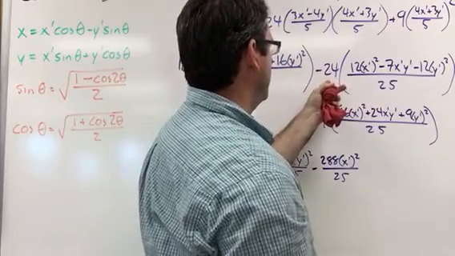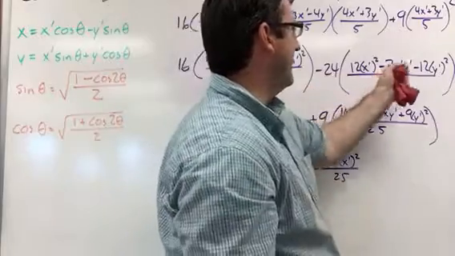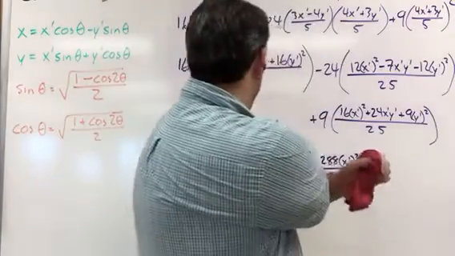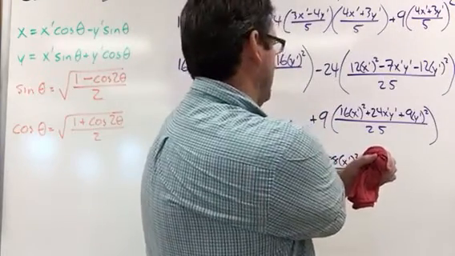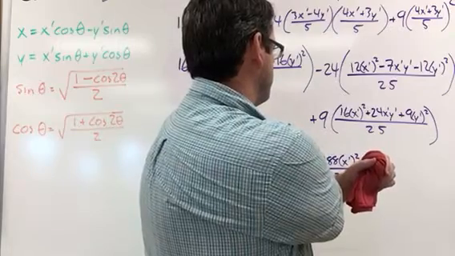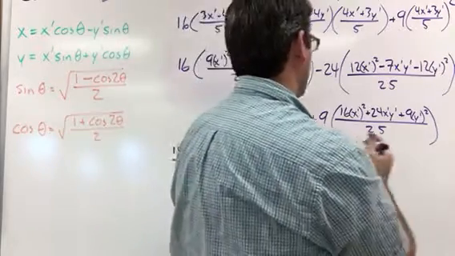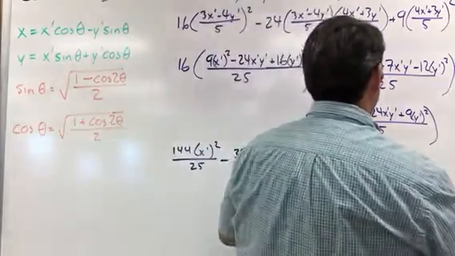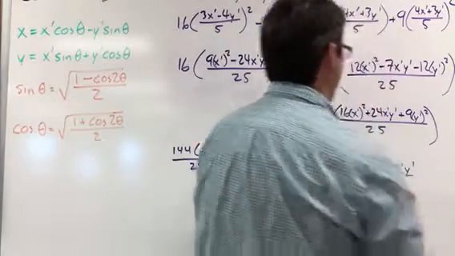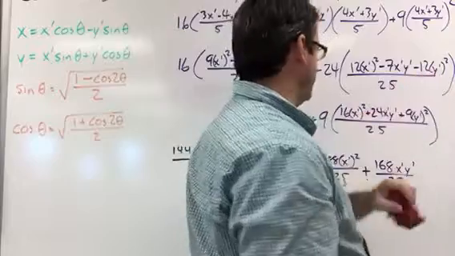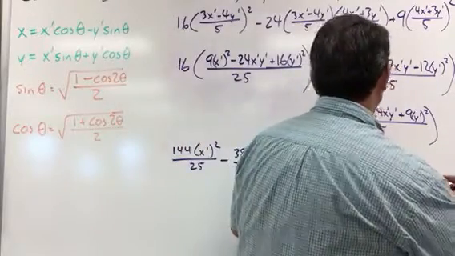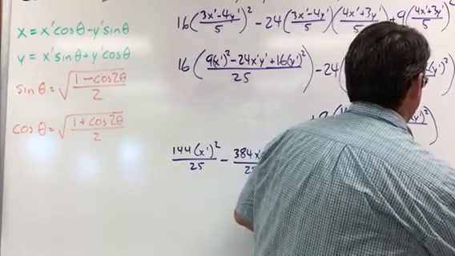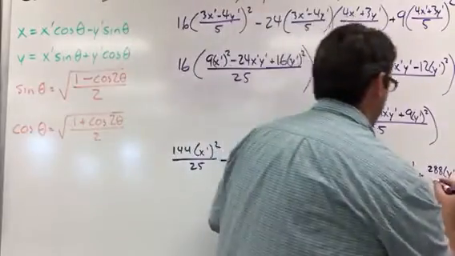And then negative 24 times negative 7 is positive 168 x'y' over 25. And then negative 24 times negative 12 is positive 288 y' squared. And again over 25.